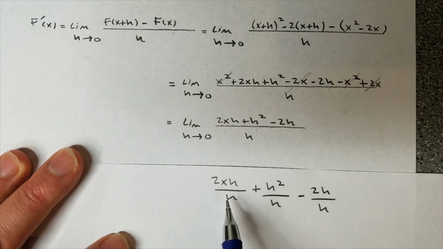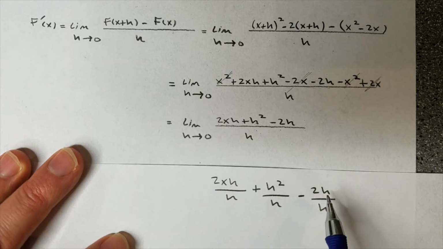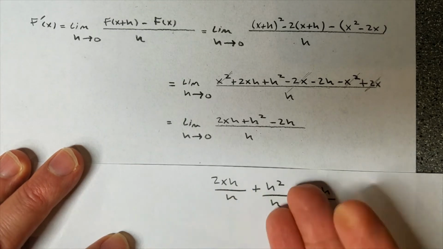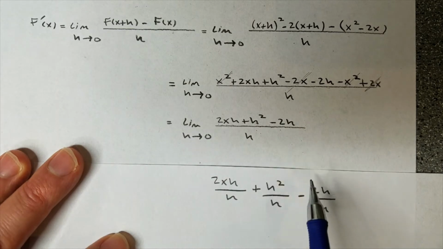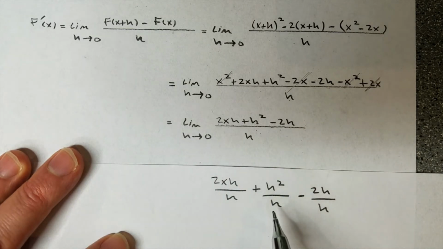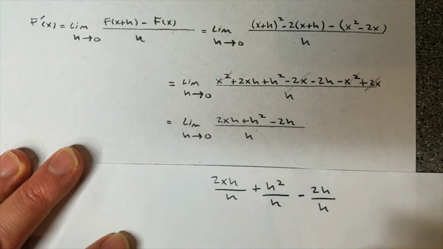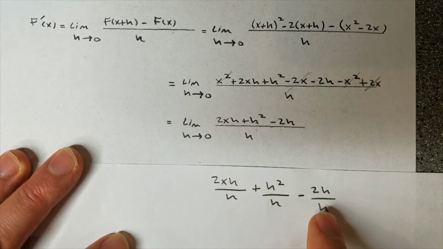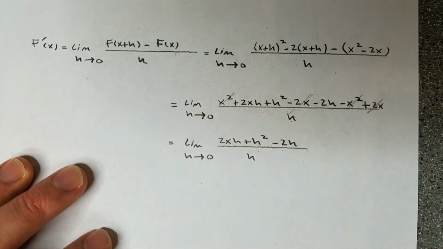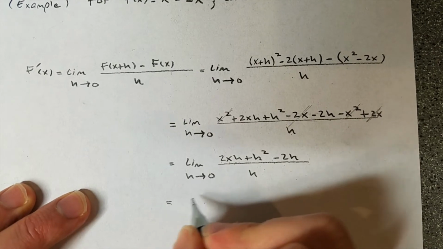Here, one h will cancel. There, another. And there, another. If I take this and break it down that way, and I cancel the h's appropriately, individually right here, then this is what I'll end up with.